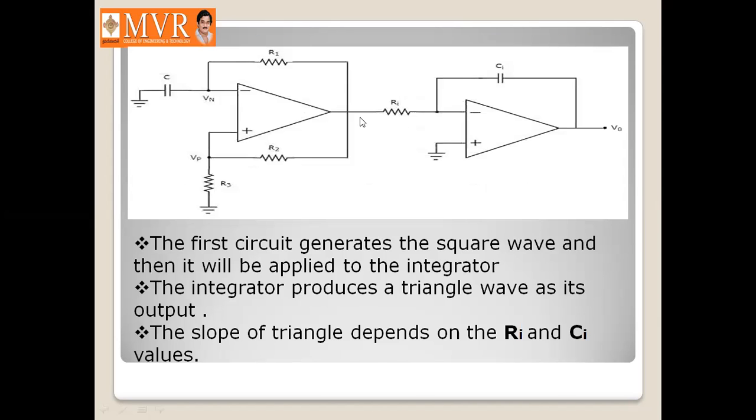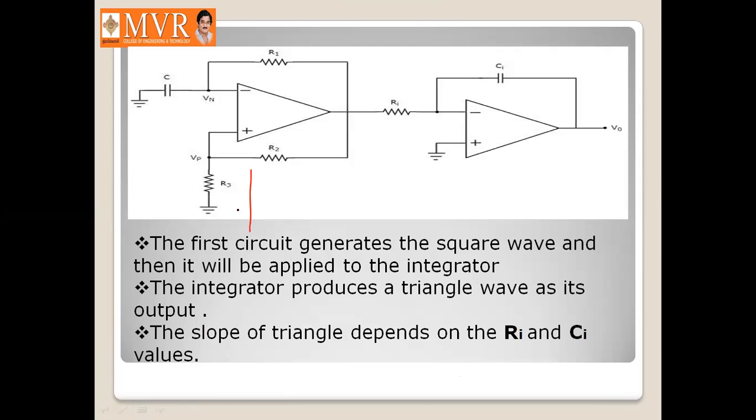So here, this is the square wave generator we have discussed now, and we have applied the output of the square wave to an integrator circuit in which Ri is the resistor and Ci is the feedback capacitor. By this integrator circuit, the output is going to be a triangle wave.